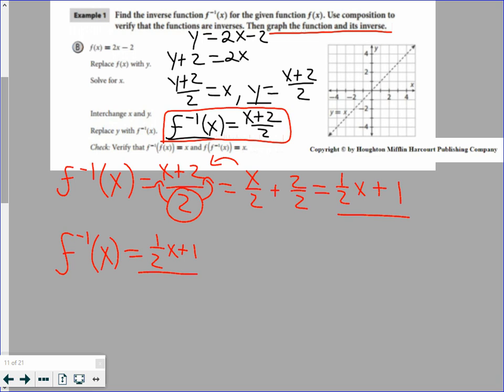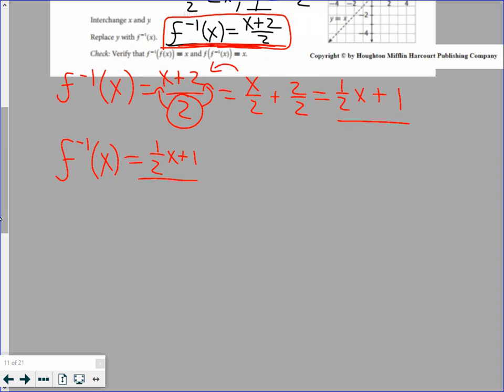And this equation right here is the exact same one that we first got. The only difference is this new equation is just much easier to graph, right? With the x plus 2 over 2, I wouldn't really know how to graph that equation, but with 1/2 x plus 1, I can work with that. I know how to graph it.